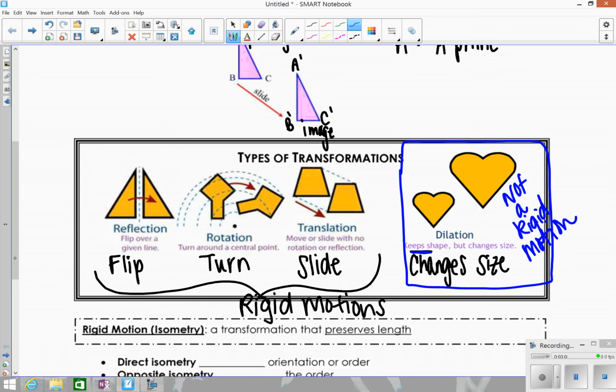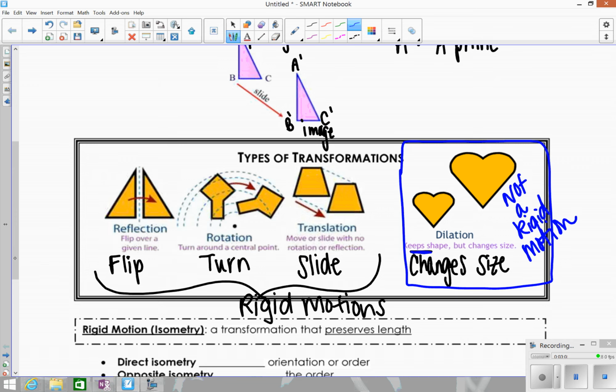If you look at this example here, a translation is a direct isometry. What I like to do to see if the order stayed the same is just draw arrows in alphabetical order. So A to B, B to C, and then C back to A. And then if I go to the image and draw arrows as well, so A prime to B prime, B prime to C prime, going in that same order of the letters, see how the direction is going the same way, the arrows are pointing the same way. So these are called direct isometries because the order of the letters is the same.